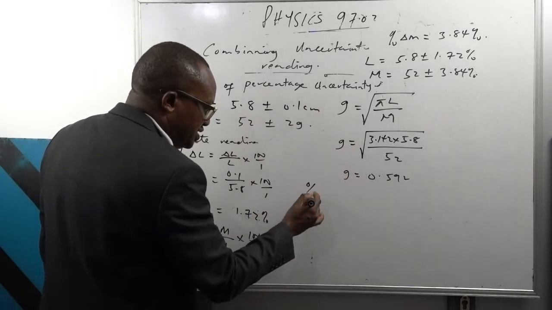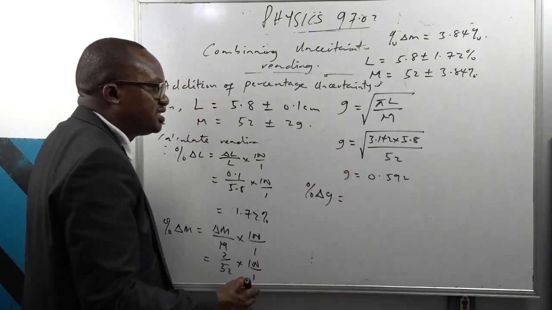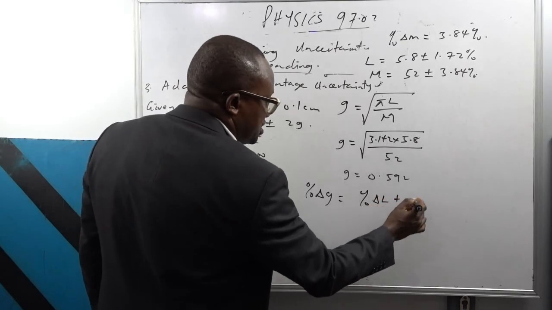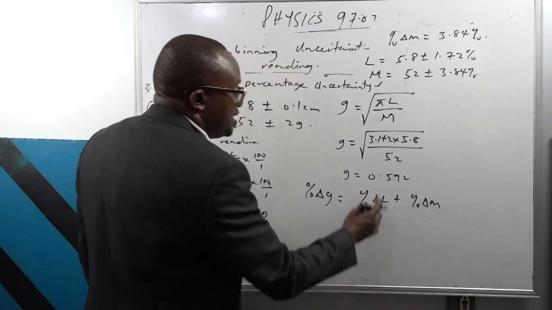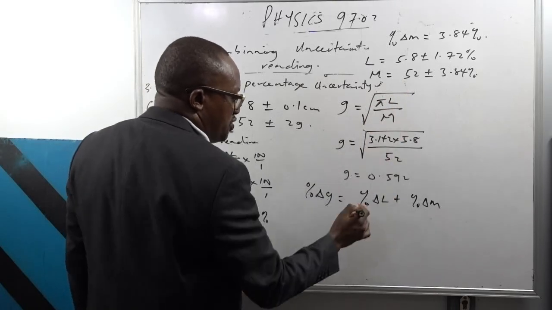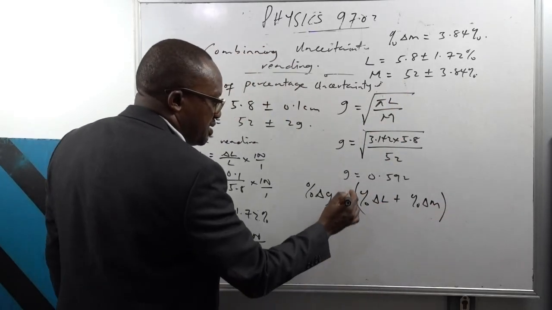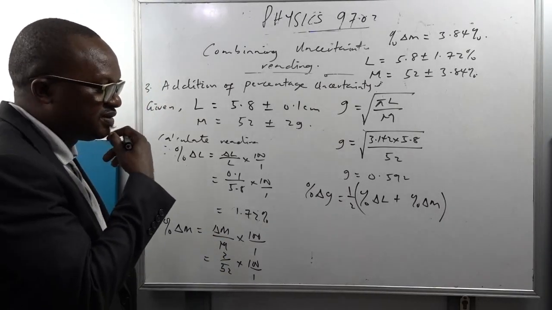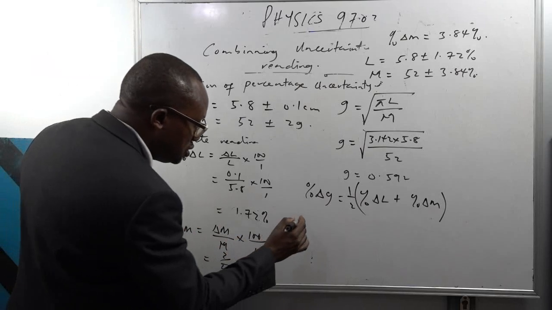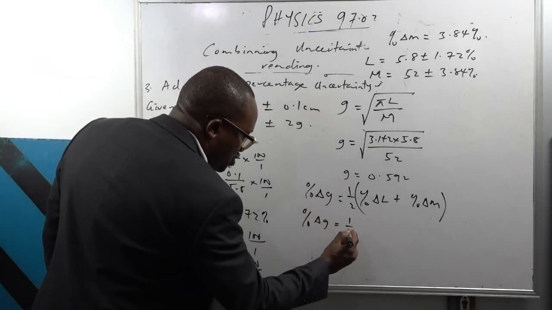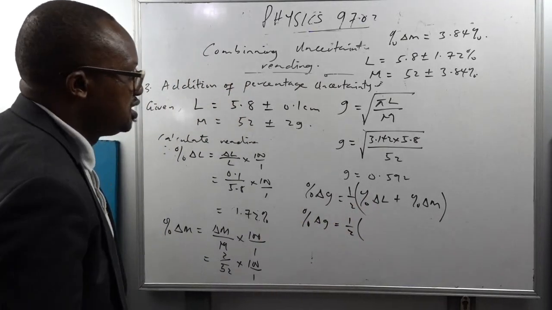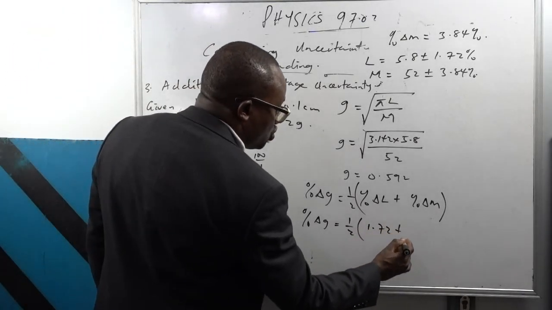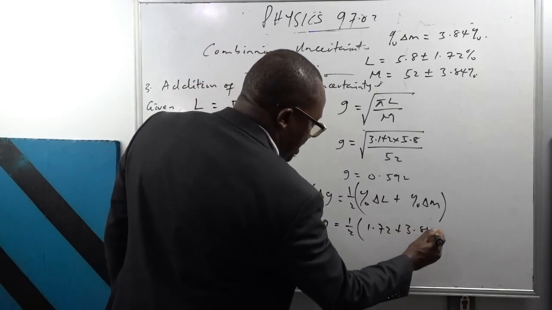Therefore, the percentage uncertainty of G will be equal to the addition of the percentage uncertainty of L plus the percentage uncertainty of M. Since the reading is raised to power 1/2, you have to multiply either the fractional uncertainty or the percentage uncertainty by 1/2. So the percentage uncertainty of G becomes 1/2 times the percentage uncertainty of each of the constituent readings, which is 1.72 plus 3.84.